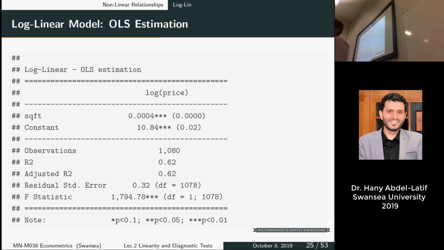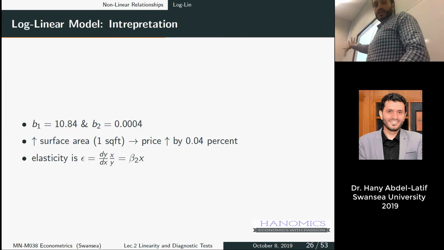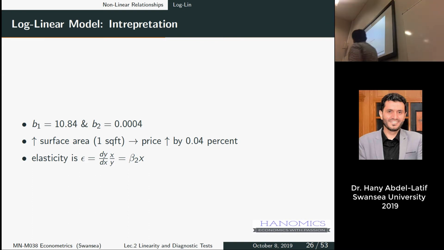That's exactly how to interpret it. Is this clear? This is exactly what you said: x changed by 1 unit, y changed by 0.04%.